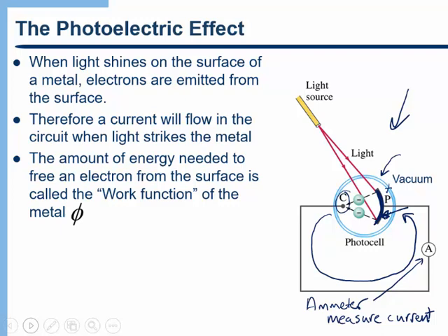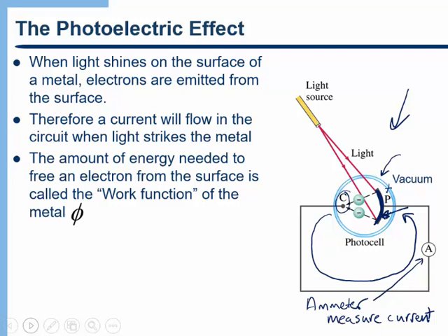The amount of energy it takes to free an electron from a metal is called the work function of the metal. We use the Greek letter phi to represent that, and it's different for different metals. So some metals hold their electrons a little more tightly than others, but it turns out that it's a fairly small amount of energy that it takes to free one electron from the surface of the metal.